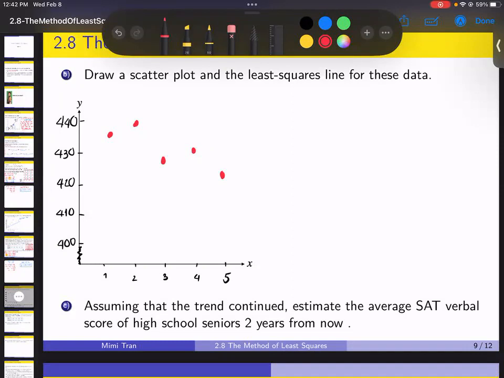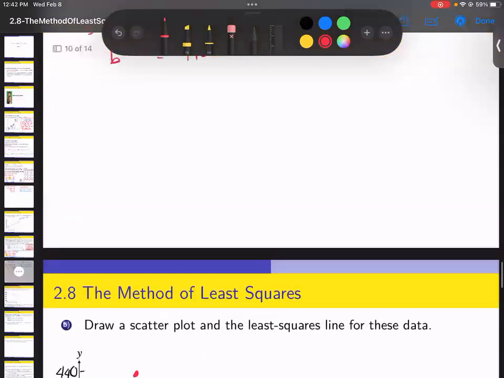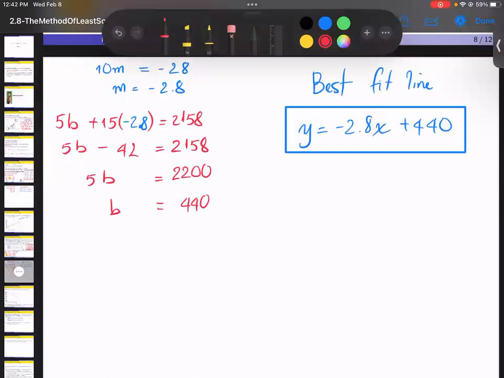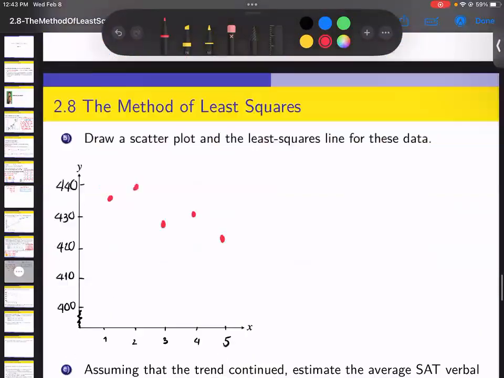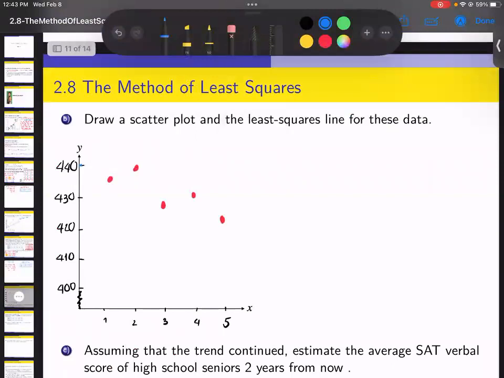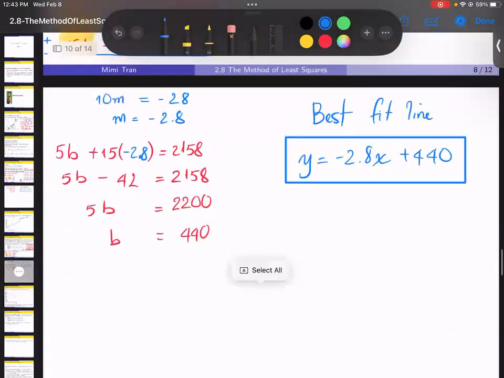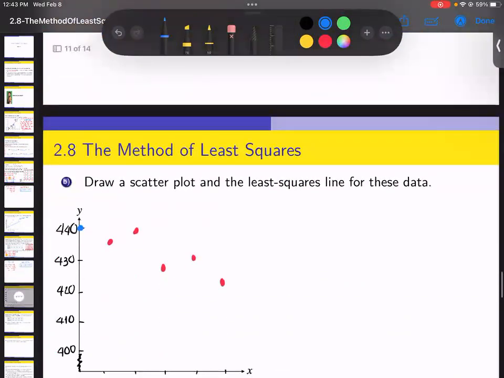Let's draw the best fit line. At this point, I hope you don't guess it. You have the y-intercept, use it right here. The y-intercept is 440. That's my y-intercept. And then rise over run. You go down 2.8, run over 1. So basically, 2.8 is you going nowhere, to the scale.